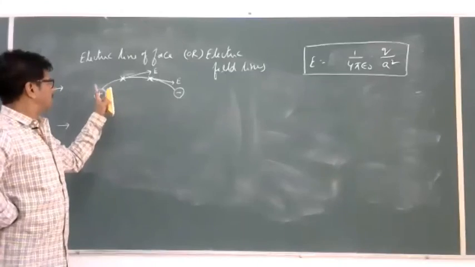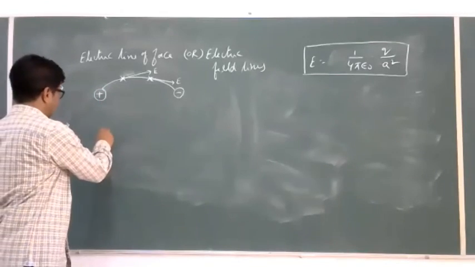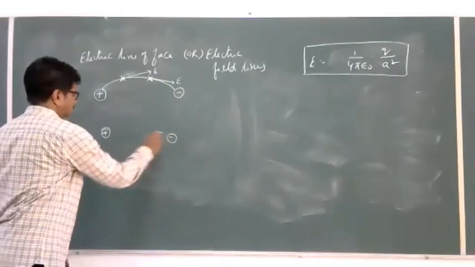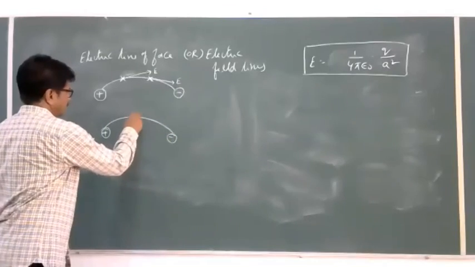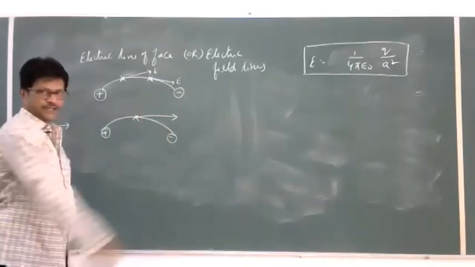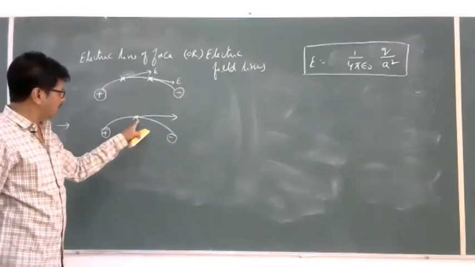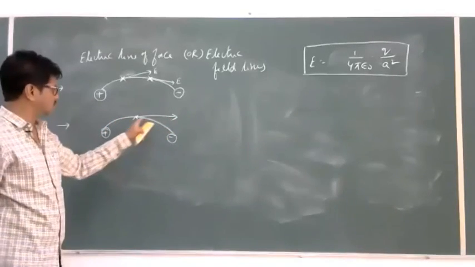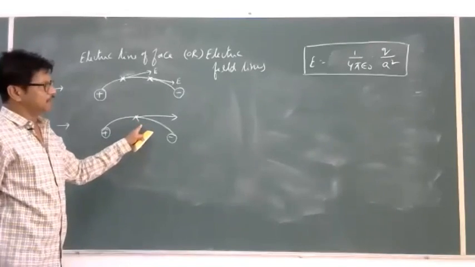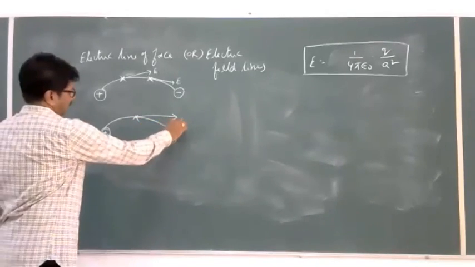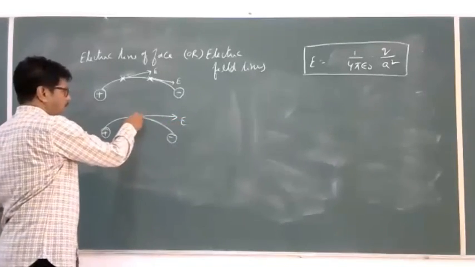So if anybody asks what is the direction of electric field at a particular point, then immediately we have to draw one tangent here. The tangent drawn at any point in an electric line of forces will give the direction of electric field at that point.